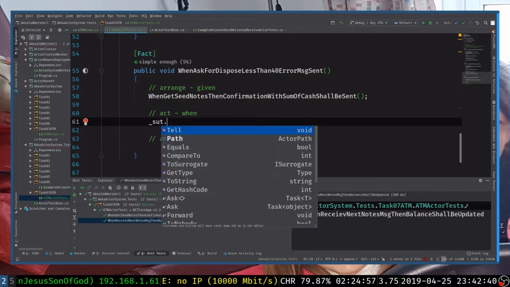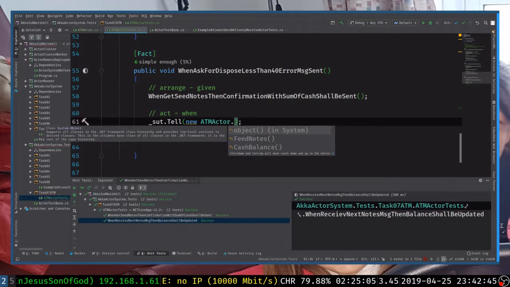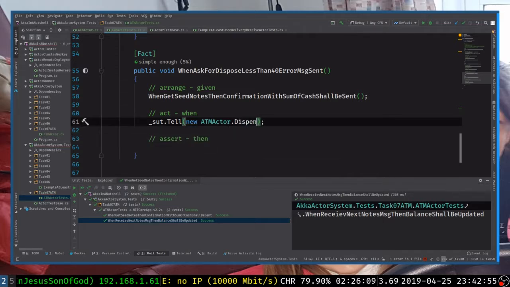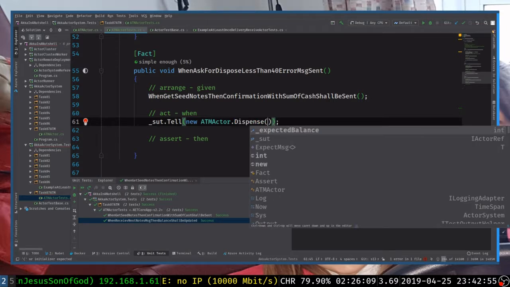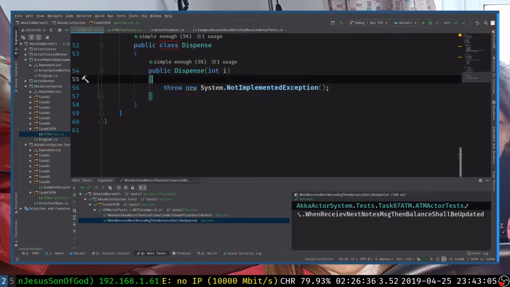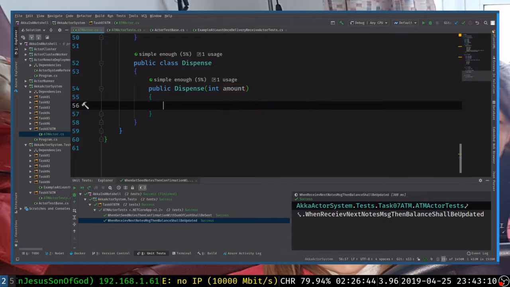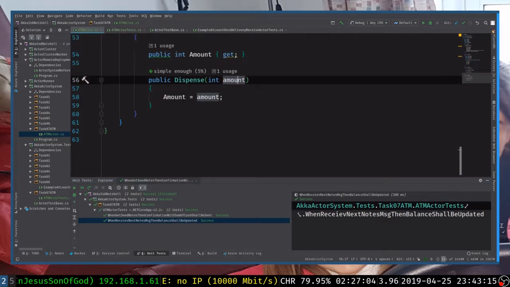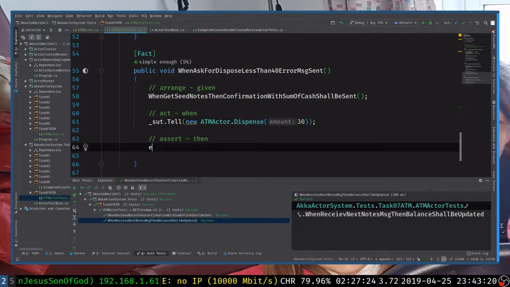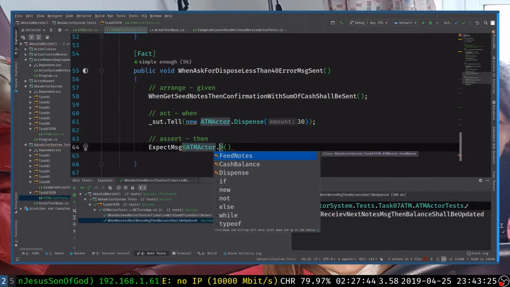Set, tell, get, and we see. Okay. Then let's expect message ATM account charge dispenser notice.